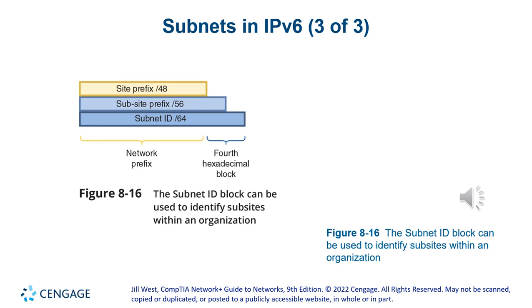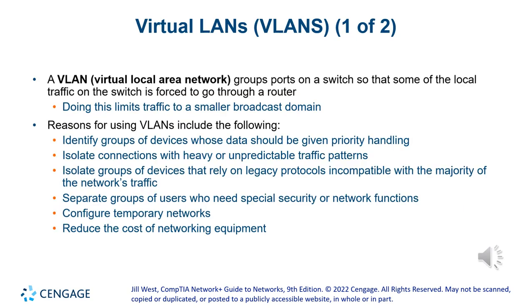So I can make that smaller to /56 or /48, and then I'll allow the last hexadecimal block to change and have a unique number per network that I want to have. And that's the way that I can now distribute those networks within my sales, my accounting, my HR, my IT, and my other departments by breaking this. But it's broken at this level. So your network prefix is the one that is actually giving up some of its own bits to give you the flexibility to do subnets. So that would be like a subnet ID block.